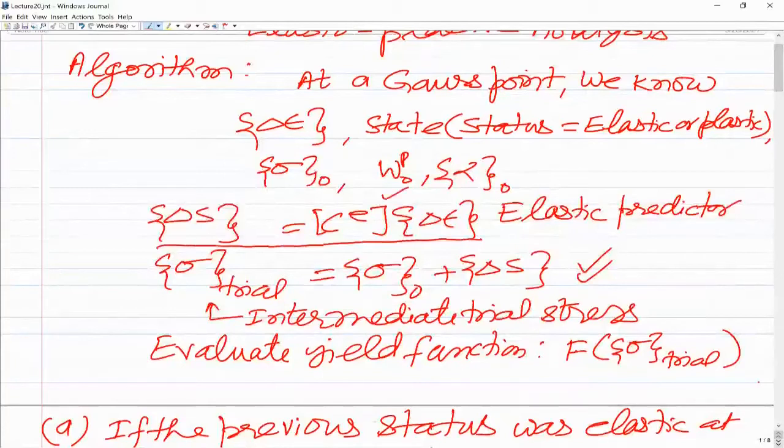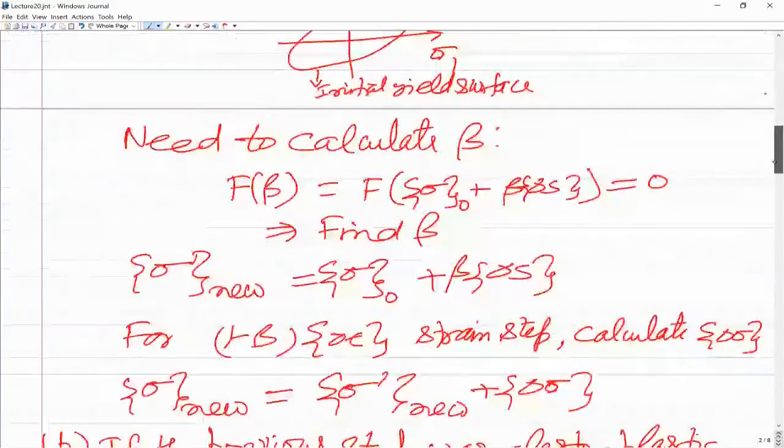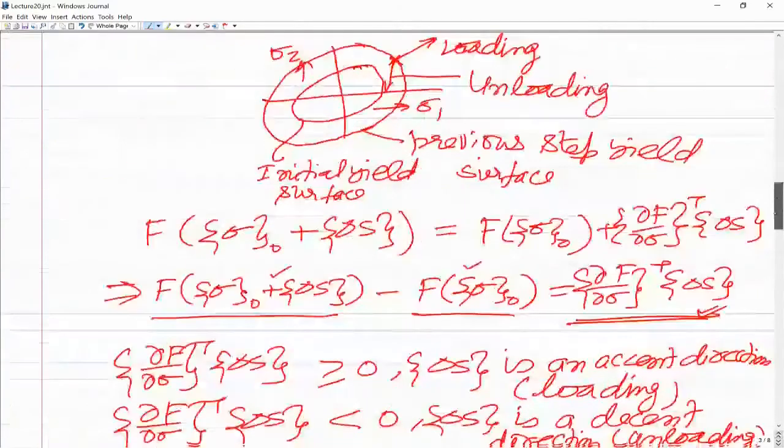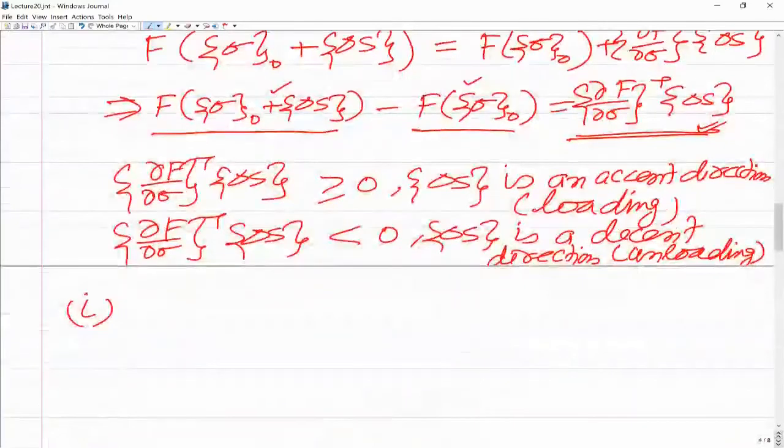My doubt is that at the end we have written del f by del sigma transpose into delta s greater than or equal to 0, and then we are saying that delta s is the ascent direction. But sir, how do we know that del f by del sigma cannot be negative? Suppose both of them are negative, then also the product will be greater than or equal to 0. So we are checking from both.